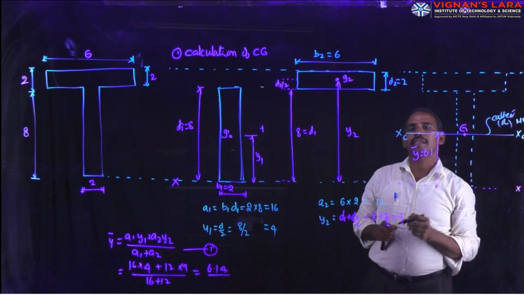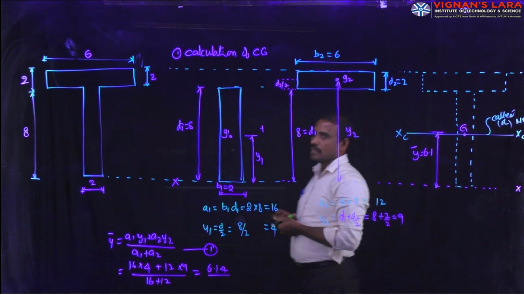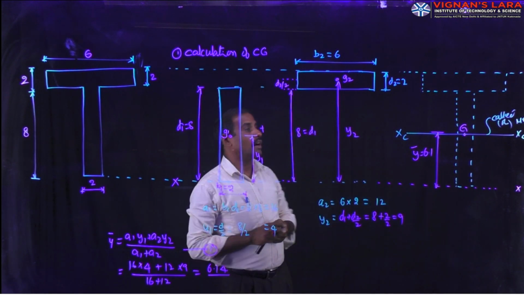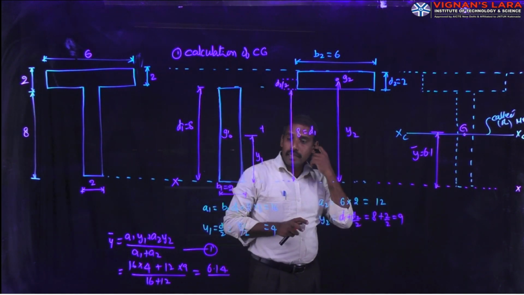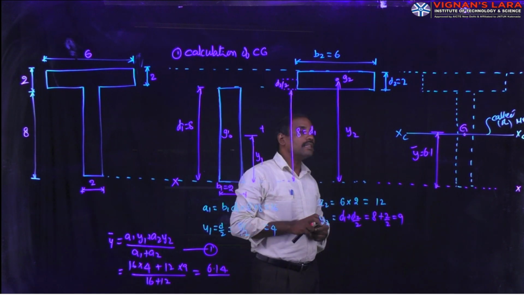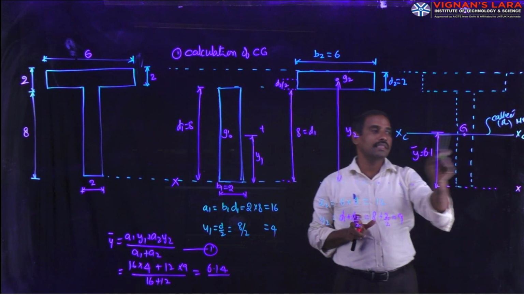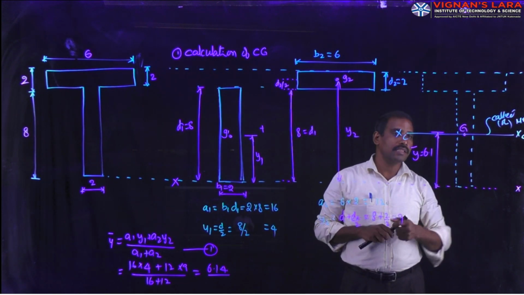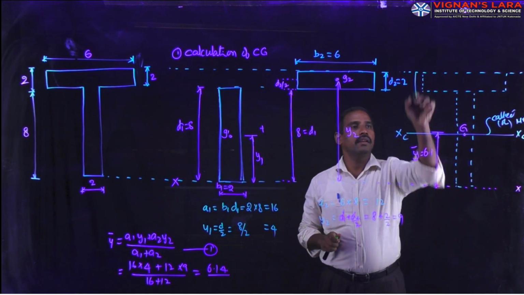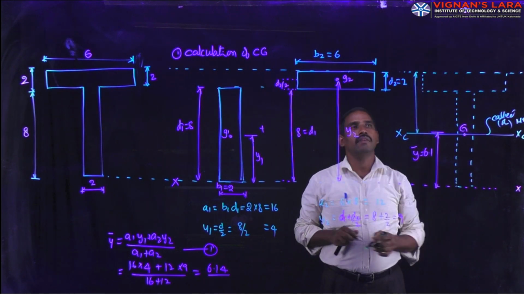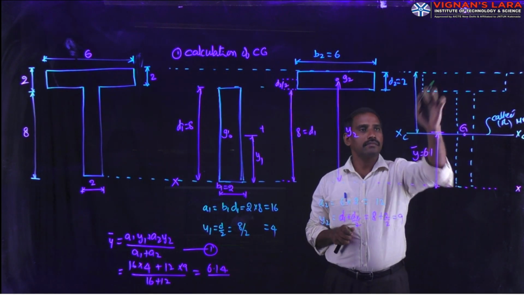So about this axis, we have to calculate the moment of inertia, and then find the bending stress, or measure the y value from this XC axis only. It means it would definitely be the extreme fibers.